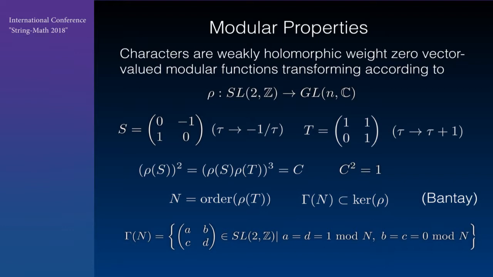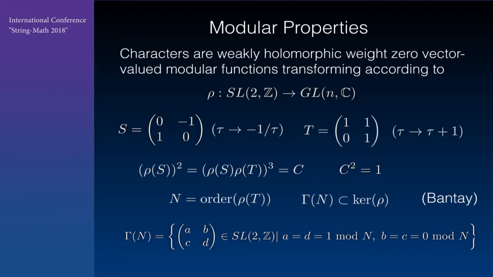And there's a theorem due to Bantay that says that gamma of N, the principal congruence subgroup, which is defined to be the elements of SL2Z where this matrix is congruent to the identity matrix mod capital N, that congruence subgroup is contained in the kernel of rho.